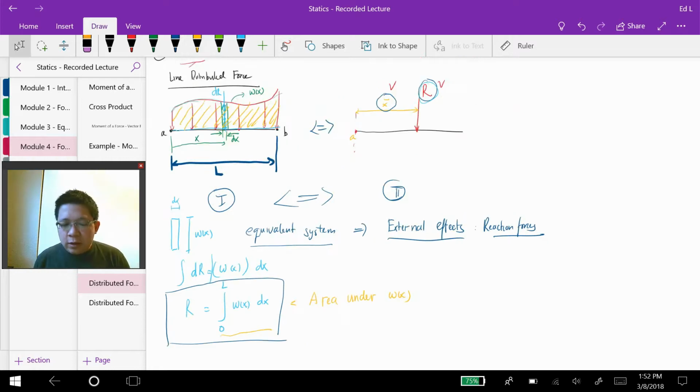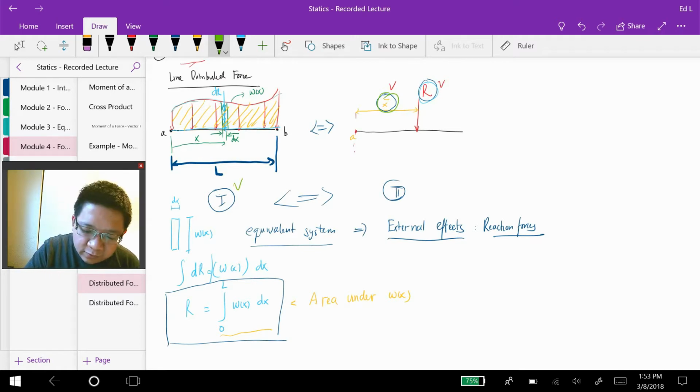Okay, the next question that I would like to formulate is to calculate this x bar right here, and to formulate that expression, I would like to calculate the sum of moment about point A from this first system and the second system right here.